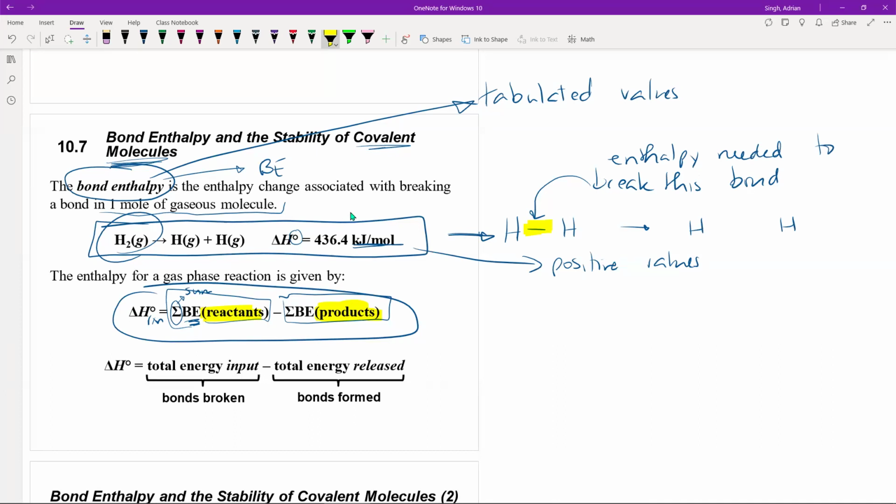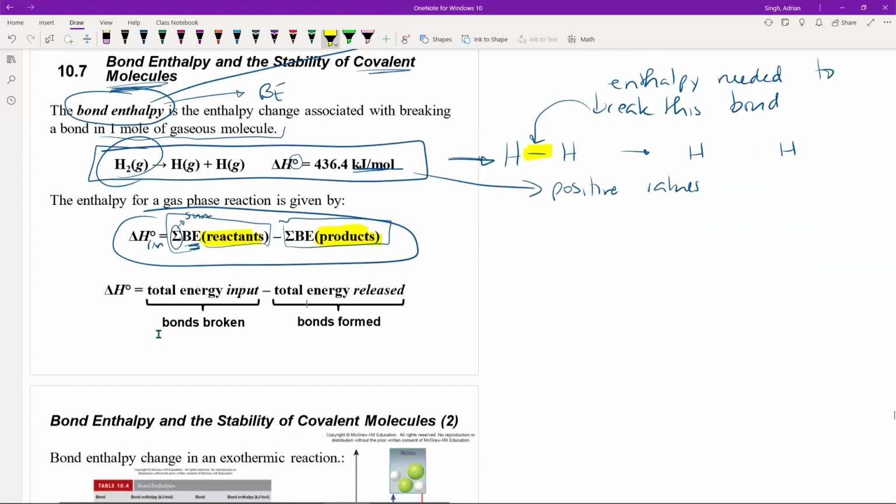So in other words, the way that we look at this is the total energy input to break the bonds in the reactants, from that we subtract the total energy released. Energy gets released when bonds are formed in the product side of that reaction.